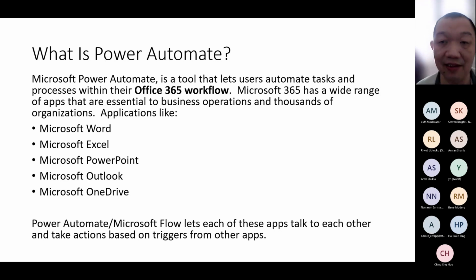Beyond that, you can pump the data into Salesforce if you like. I will show you a demo with Dropbox as well. If you want OneDrive or SharePoint content to go into Dropbox or Google Drive, I'll show you that part.